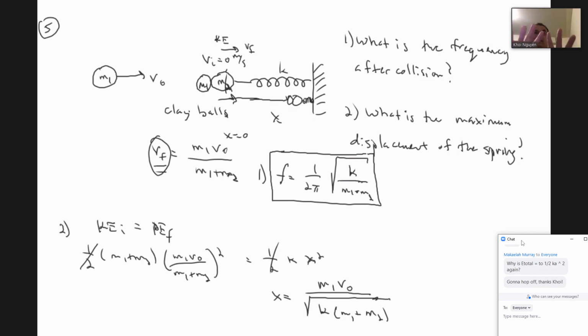Think of resonance and stuff like that. It's super practical. These atoms are vibrating just like this mass on the spring is vibrating when you have sound hitting an object. All of this stuff is super practical.